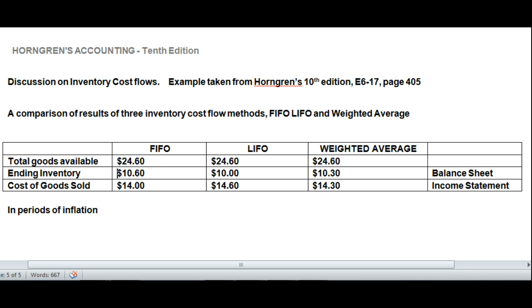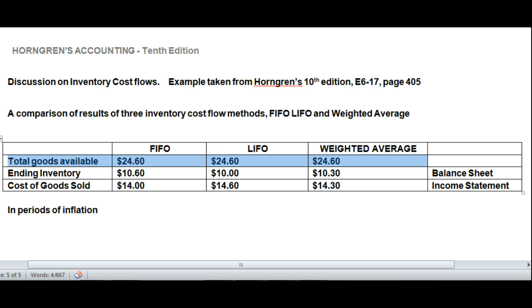And keep in mind that in our example, we were in a period of inflation. Unit costs were going up each time we purchased them. So, let's start. First, please notice the total goods available for sale will be the same regardless of which inventory method you use. This is tied to purchases, and purchases were the same.